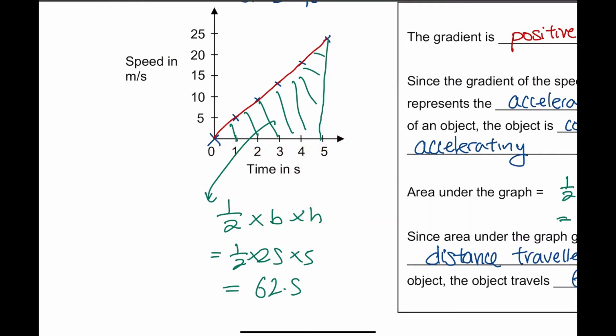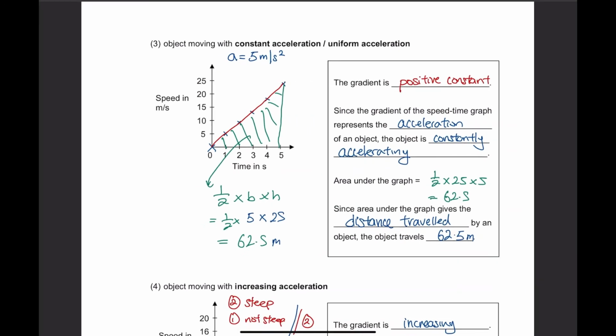So therefore half times 5 times 25 gives you 62.5 meter. Since we know that the area under the graph is 62.5, it means that the object has traveled 62.5 meter, because area under the speed time graph gives you the distance traveled by the object.